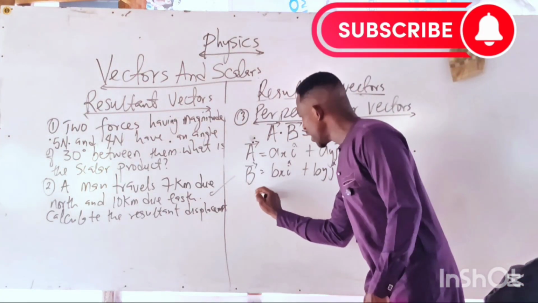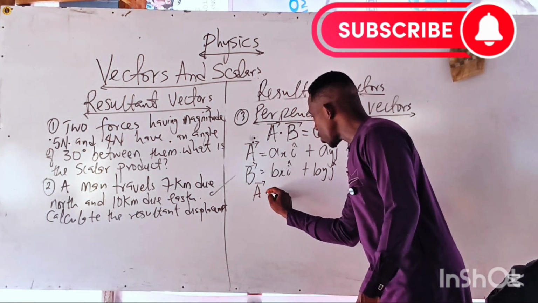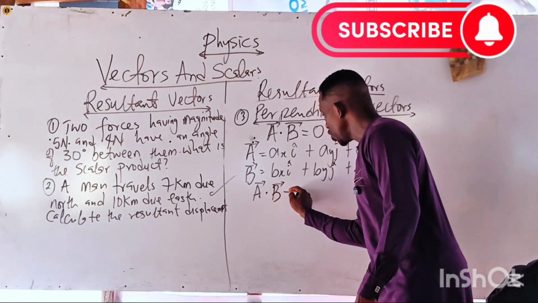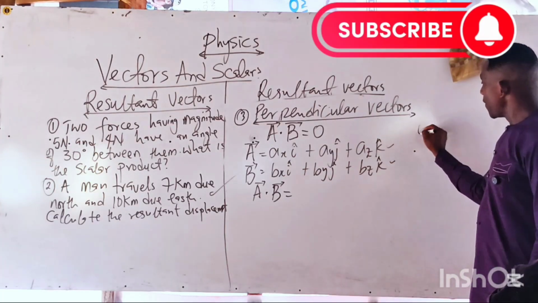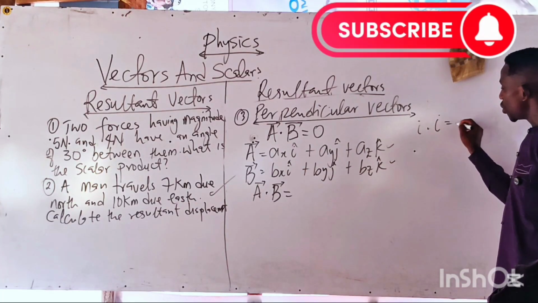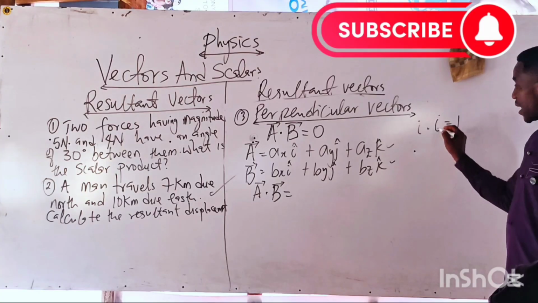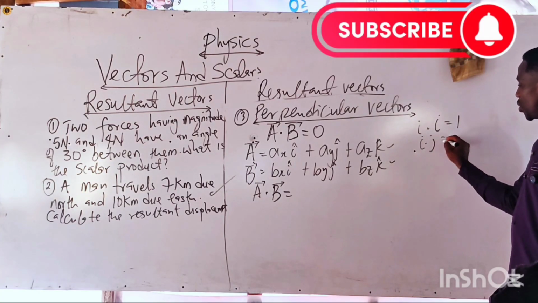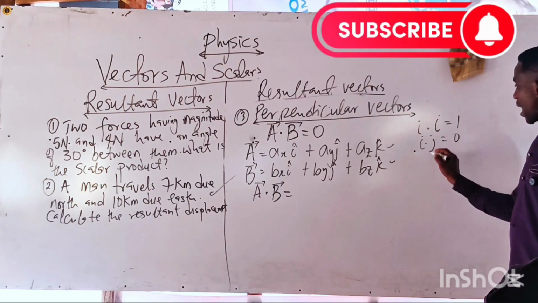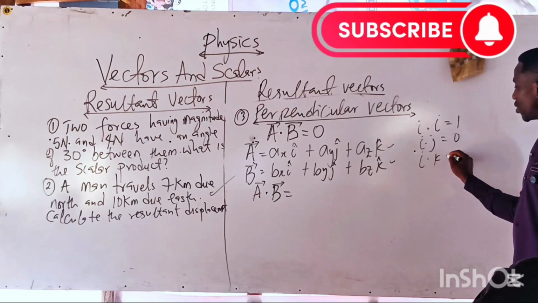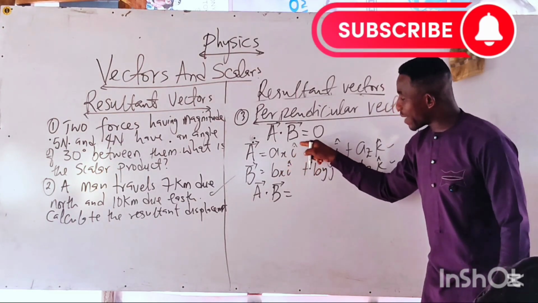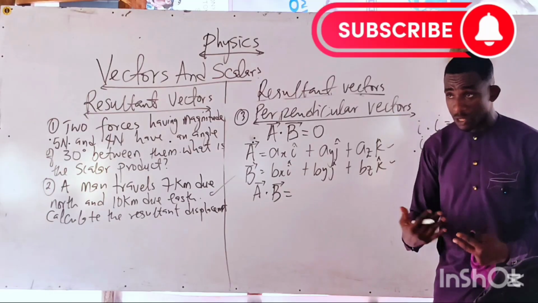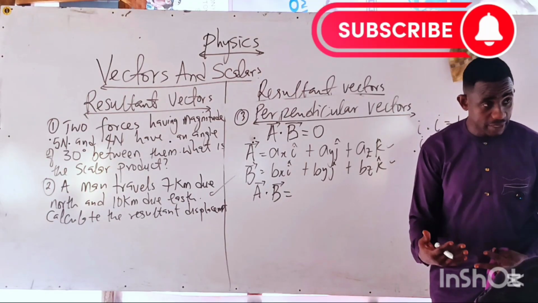What will you do? A dot B is equal to, because i dot i is equal to 1, i dot j is equal to 0, i dot k is equal to 0. Anytime AXi multiplies, it's multiplication of vectors. Are you getting it now?